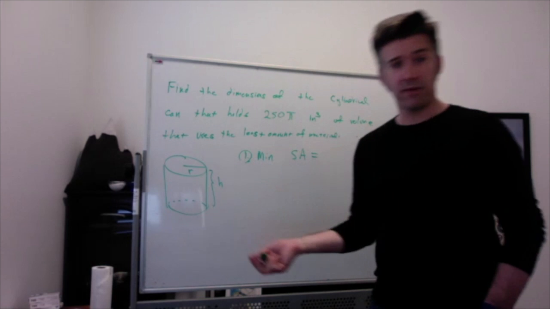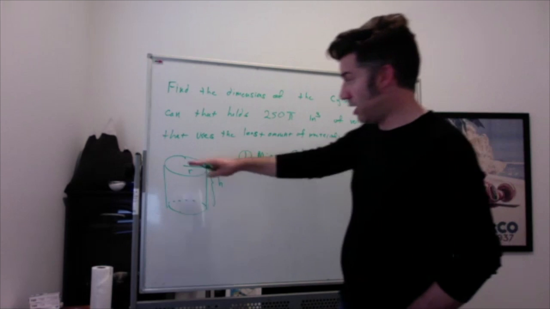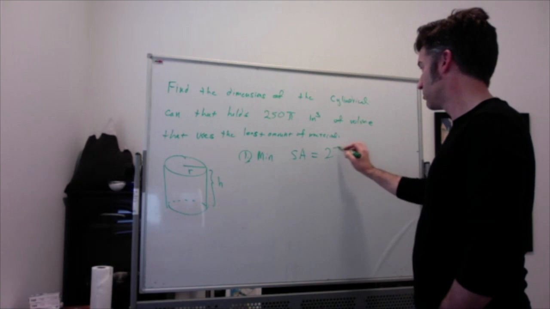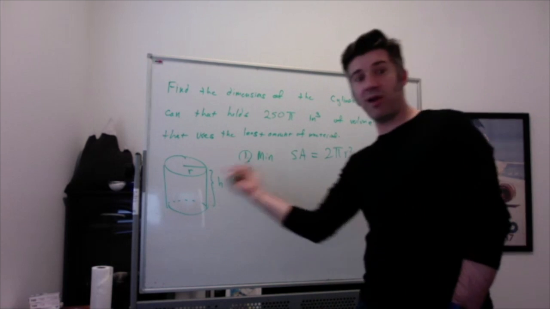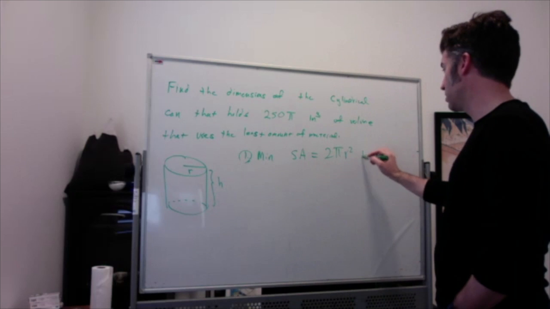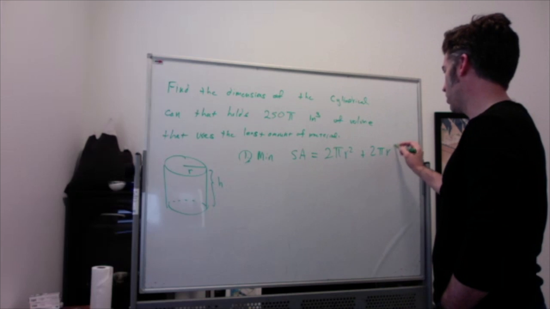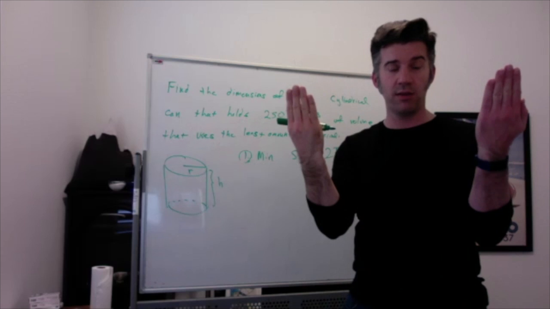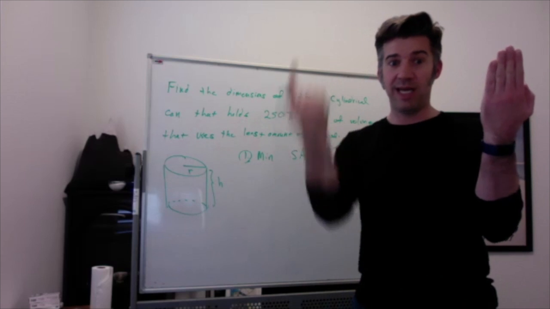The surface area of a cylinder is the top area plus the bottom area, which are both circles, plus the around part, which we talked about a class or two ago. That's going to be 2 pi r h. If you think about a paper towel going all the way around and you unroll it, it's a rectangle. The height is h.